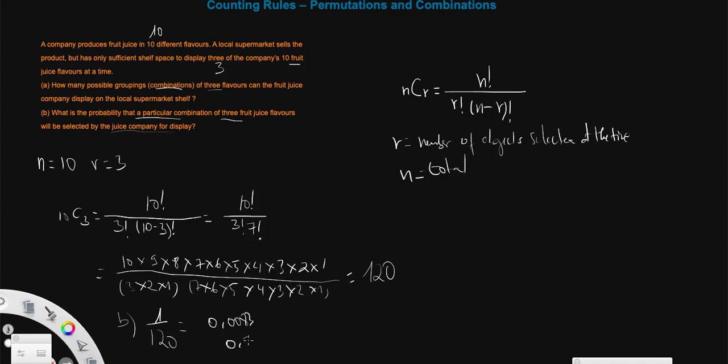Therefore you have a 0.83% chance of selecting one. So basically that's it for permutation and combination. Just keep in mind that with this one, there's a specific order that needs to be respected, and with this one, the order does not matter. All right.